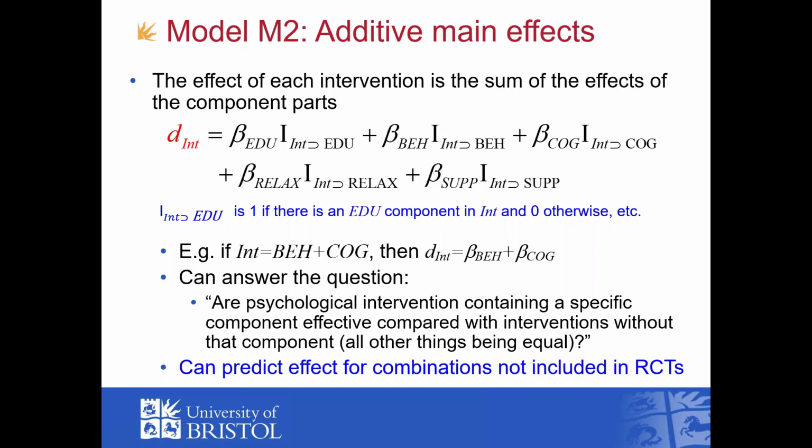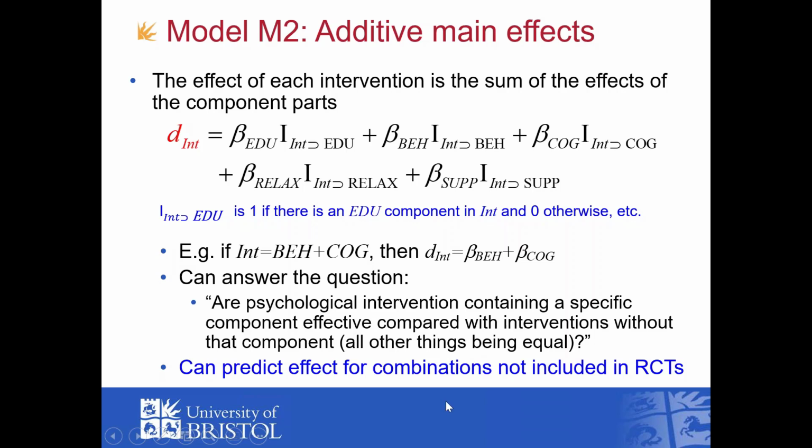And another nice thing about this model is that it's easier to estimate all of these parameters than it is to estimate that full interaction model where we treat each combination as different, because we've got slightly better estimating power. We've got more studies contributing to these estimates.